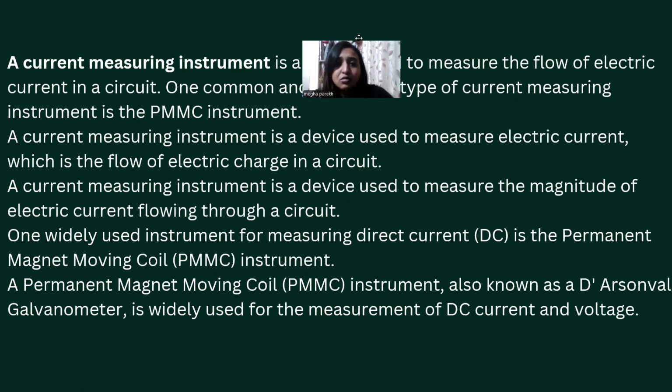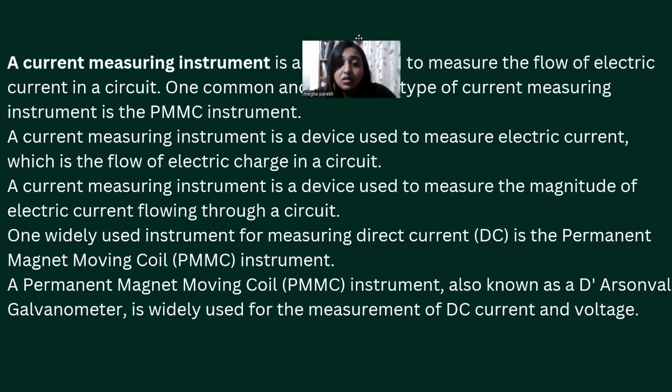Now going to the very basics, what is current? The flow of charge. So a current measuring instrument is a device used to measure the electric current, which is the flow of electric charge in a circuit. A current measuring instrument is a device used to measure the magnitude of electric current flowing through a circuit.